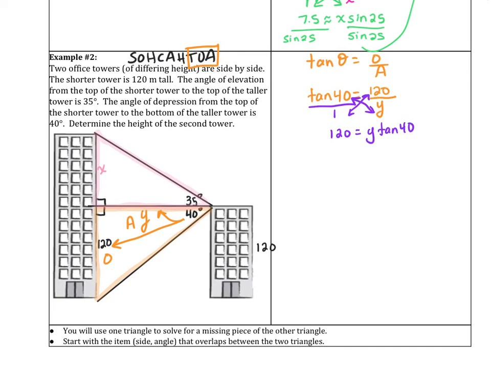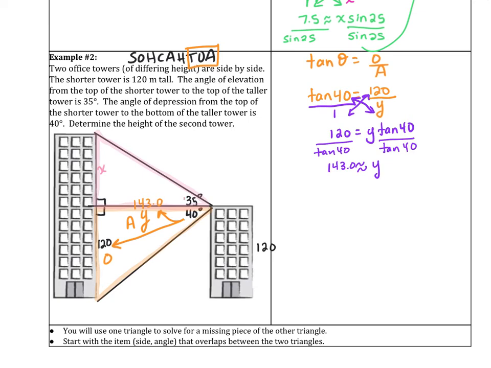And since y is not isolated, you have to divide both sides by tan 40. And that will give you y being approximately equal to, when rounded, 143.0.